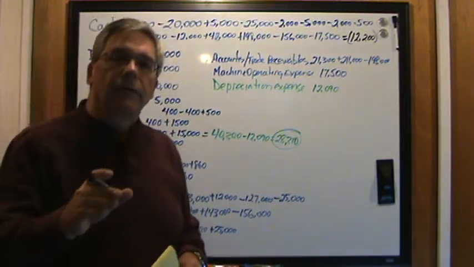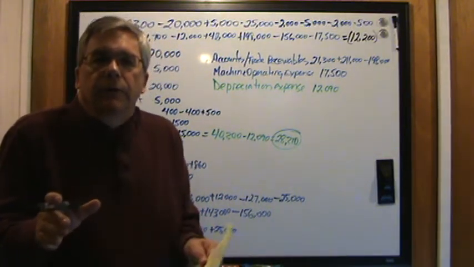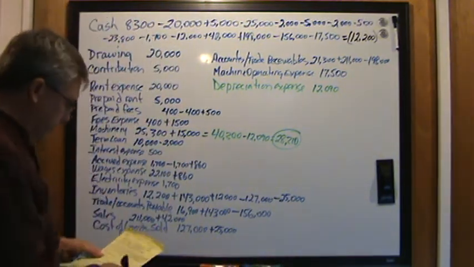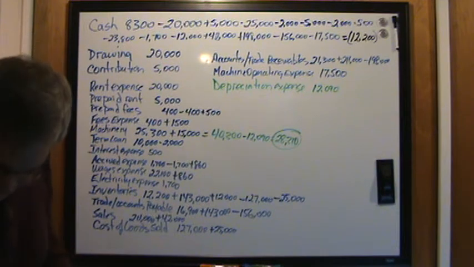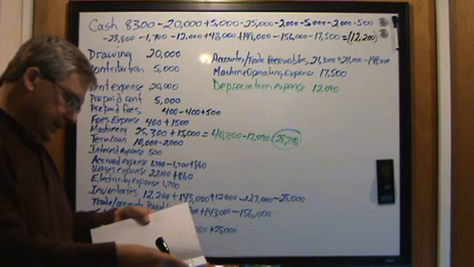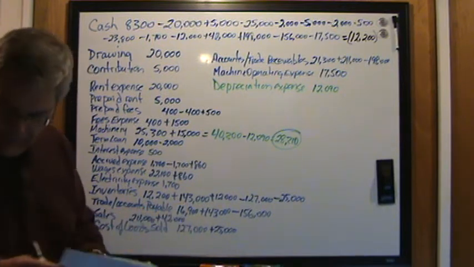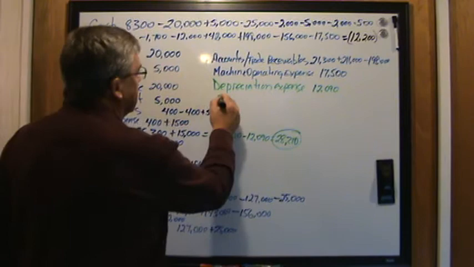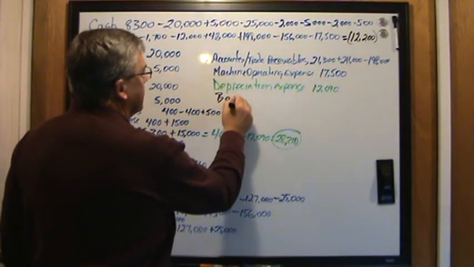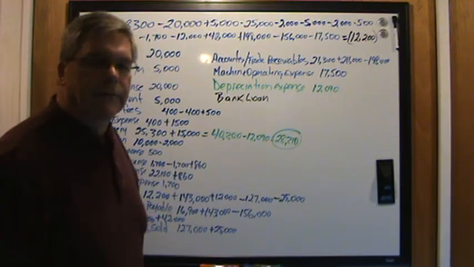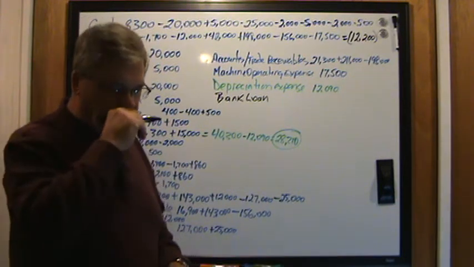So in order to balance this, and all you need to do is bring it to zero, we need to borrow some money. So we take a bank loan. Let's check and see whether there's one already. No? So we'll take a short-term bank loan. It can be called line of credit, demand loan, revolving loan.